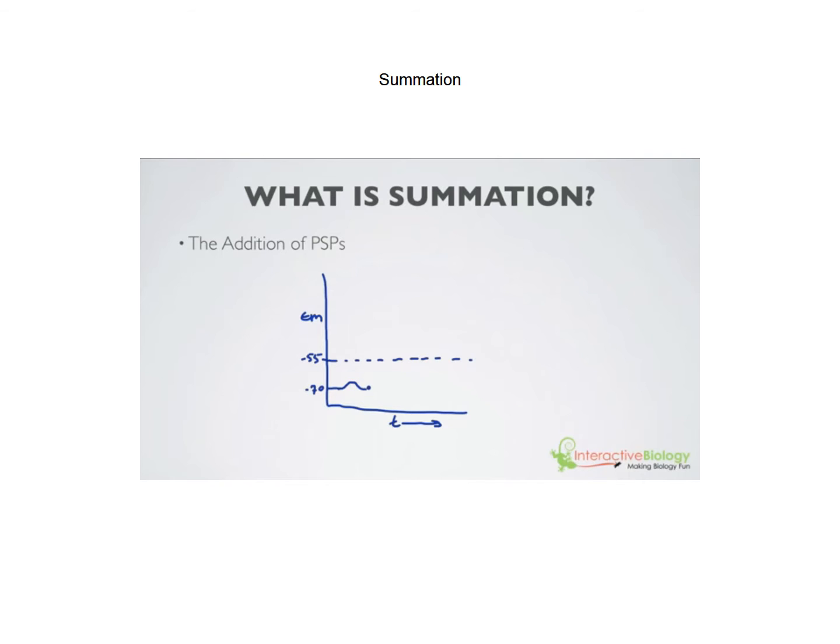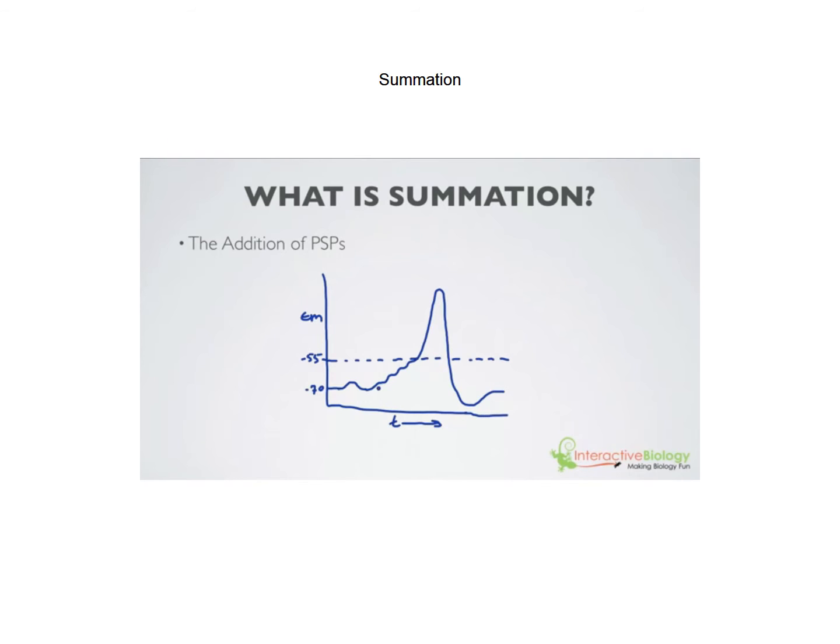So what needs to happen is we get an excitatory postsynaptic potential, and before the first one finishes, another one comes along, raising the membrane potential even more, and that process continues over and over until eventually we have enough stimulation to cause the membrane potential to reach threshold, and then we get the action potential with our depolarization, our repolarization, our hyperpolarization, and then the action potential is finished.